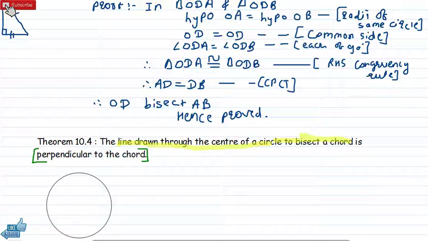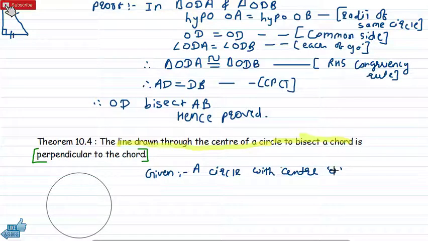So how will we start? First point, that is given. I already told you that in a circle, every time, we use a circle with center O. So, a circle with center O. What is given? A line drawn through the center of a circle to bisect a chord.